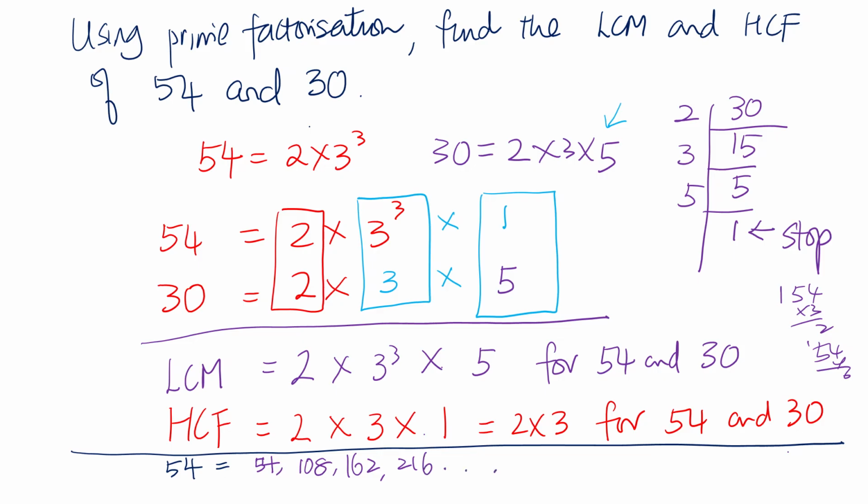And then you go on to find the multiples of 30, which is 30, 60, 90, 30 times 4 is 120, 30 times 5 is 150, times 6 is 180, times 7 is 210, times 8, times 9. Sorry, I don't have a calculator with me, that's why I'm doing this.